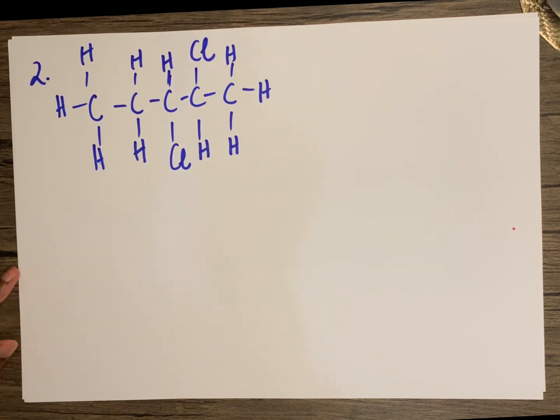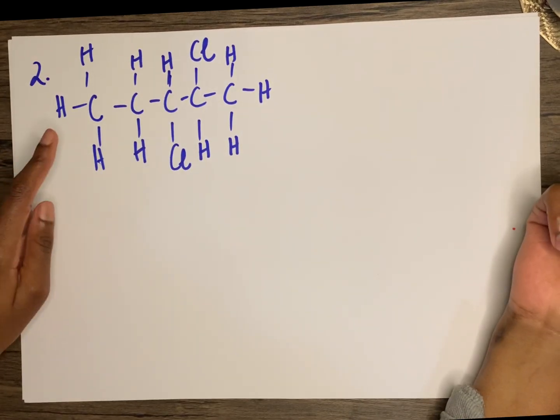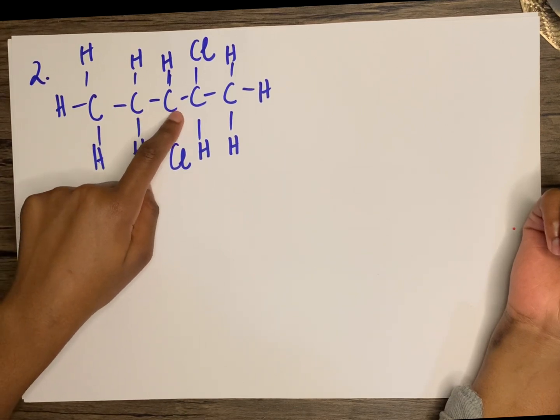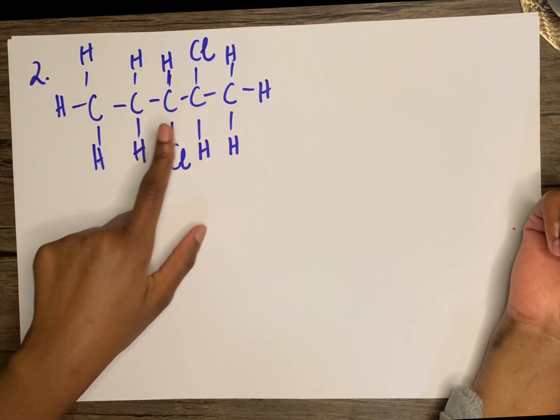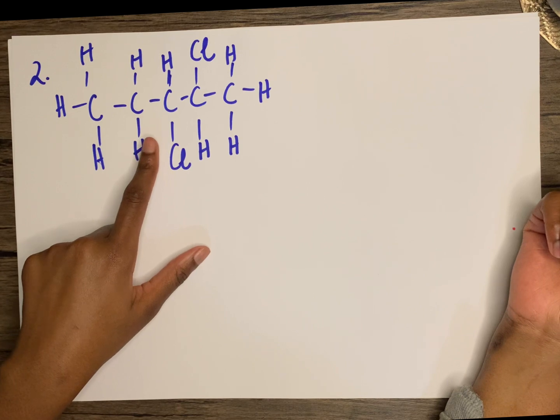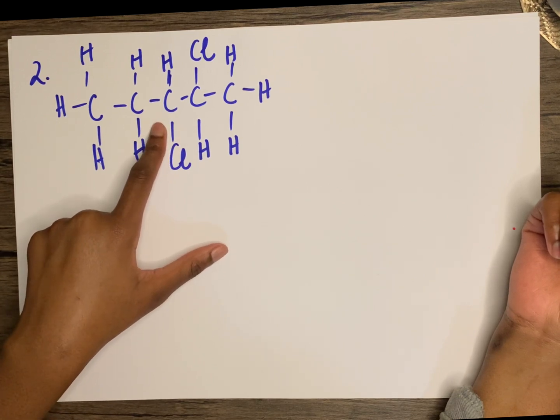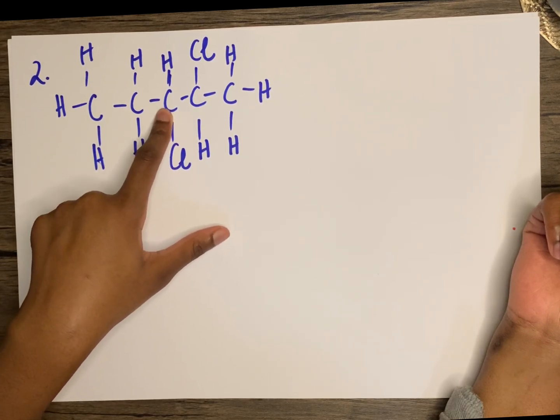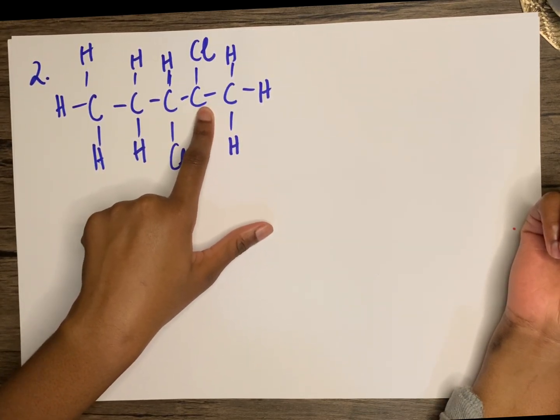Remember I said when you are assigning the positions, you give the lowest position or the lowest number to the substituents if there's no functional group. So if I look at my numbering, if I number from the left, then this is going to be position 1, 2, 3, 4, 5, which means the first chlorine is going to be in position 3, and the second one is going to be in position 4.